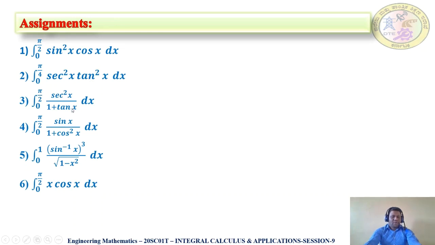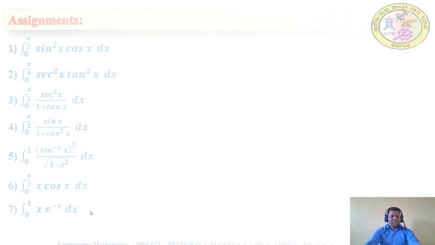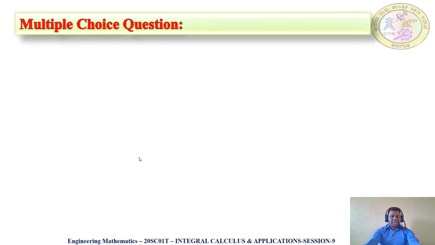Here you can put 1 plus tan x equal to t. Here you can put 1 plus cos x equal to t. Here you can put sin inverse of x equal to t. Here you can use the integration by parts method. Here also you can use the integration by parts method. The last two problems are integration by parts and the first 5 are by the substitution method.